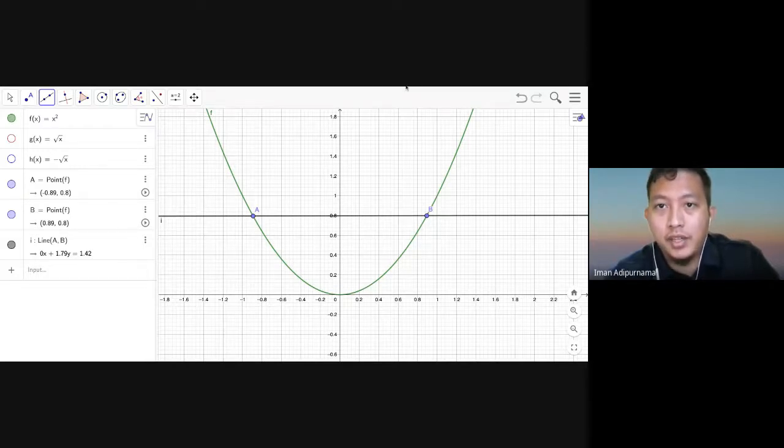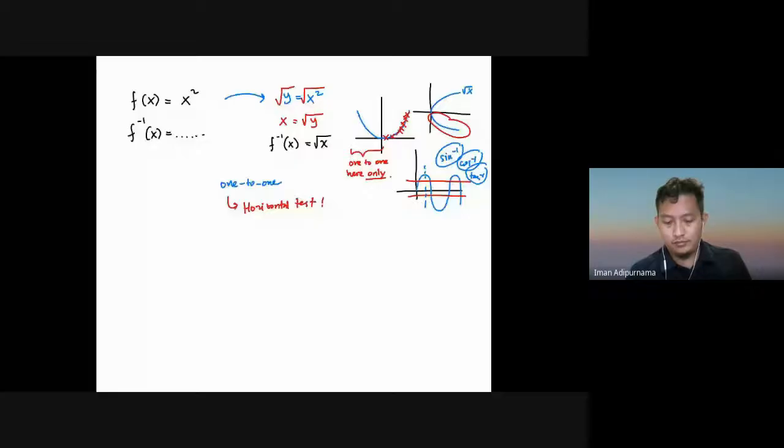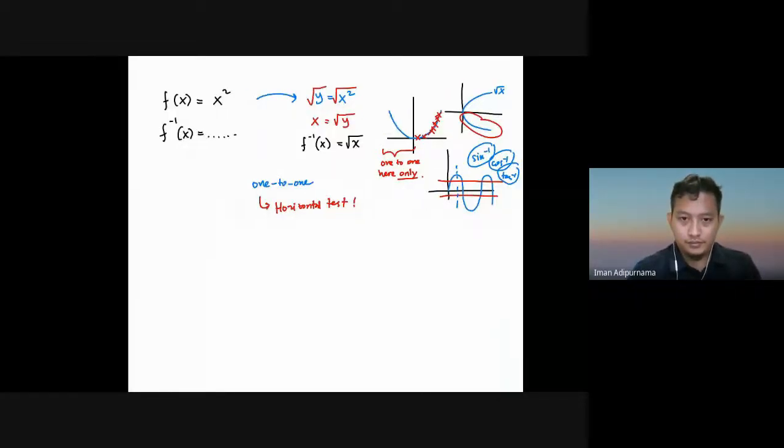But if we are just having the left part or right part only, let me go back so I can draw one more time.